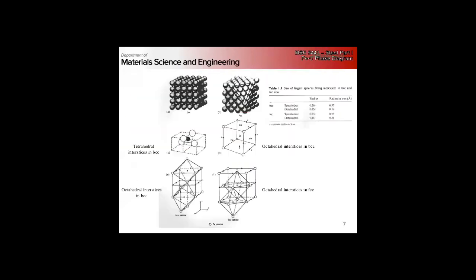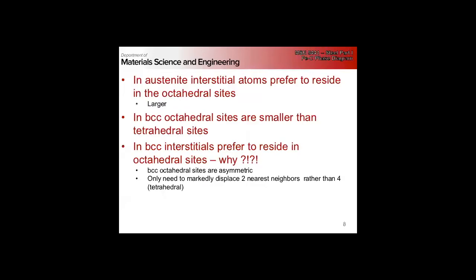So you should know the relative size of the tetrahedral and octahedral sites in FCC and BCC iron, right? And that in austenite, interstitial atoms are going to reside on the larger octahedral sites, right?